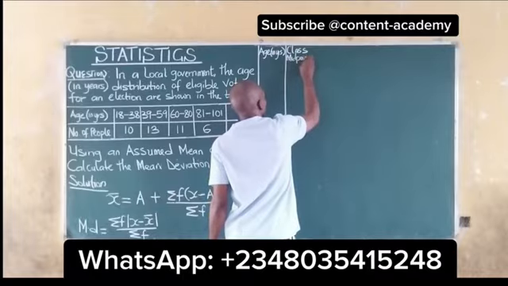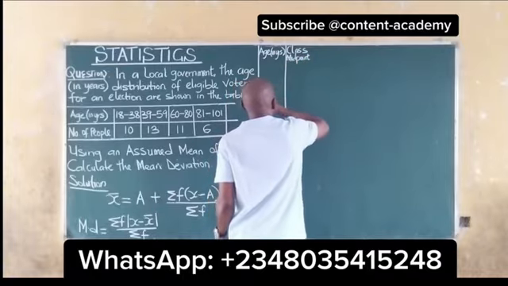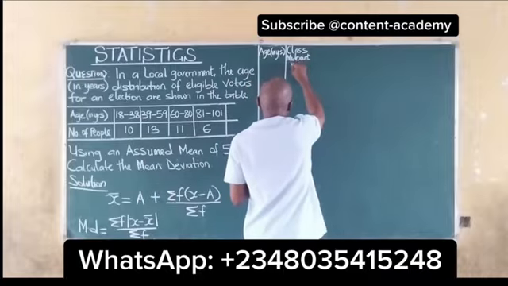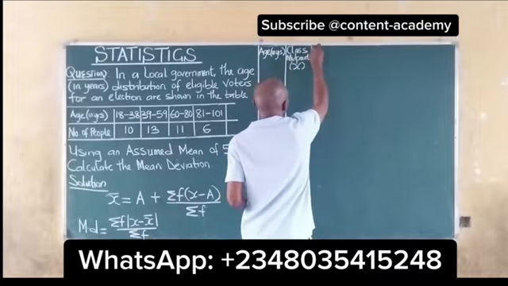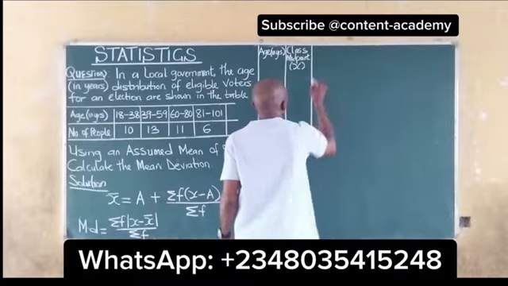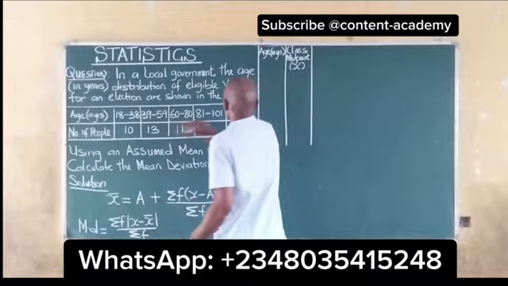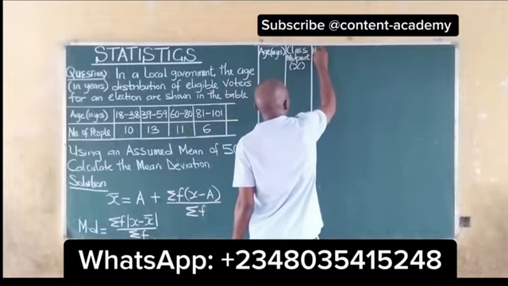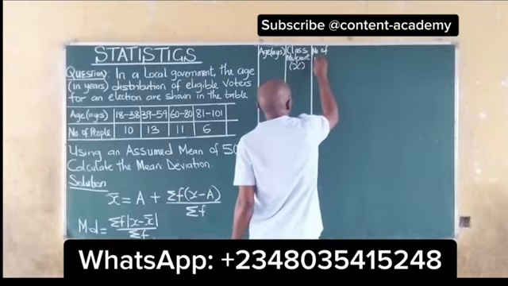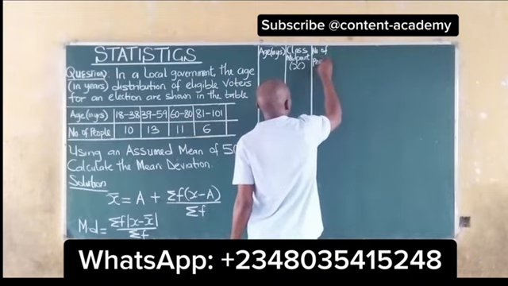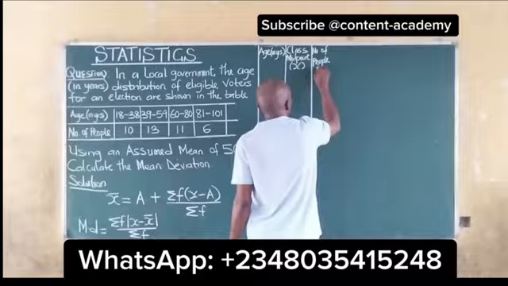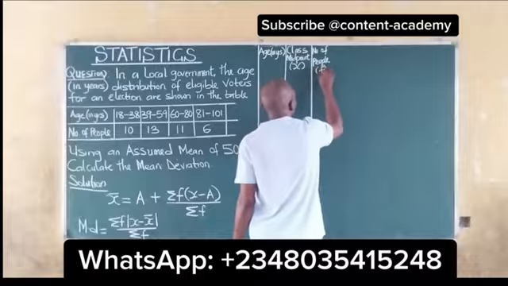Of course, this is x. Then we also have number of people, which is our f value.